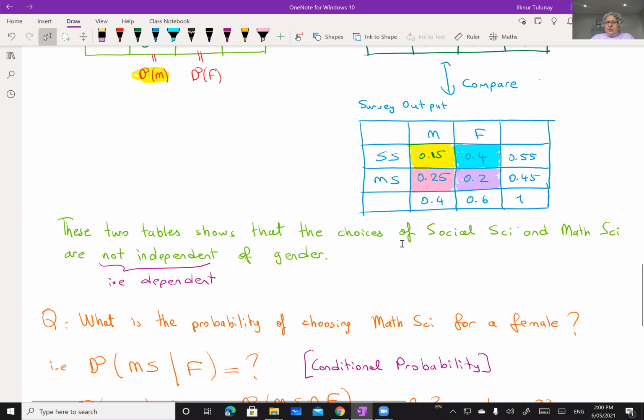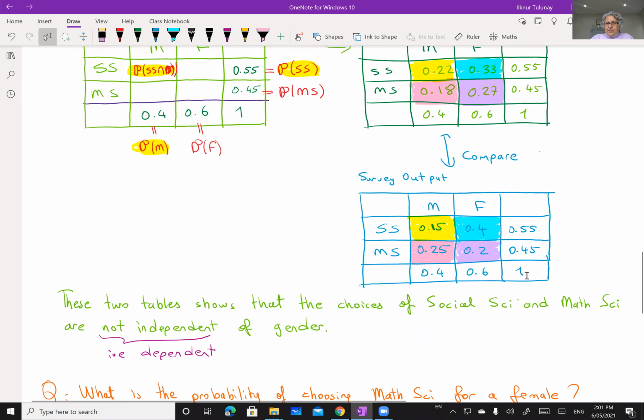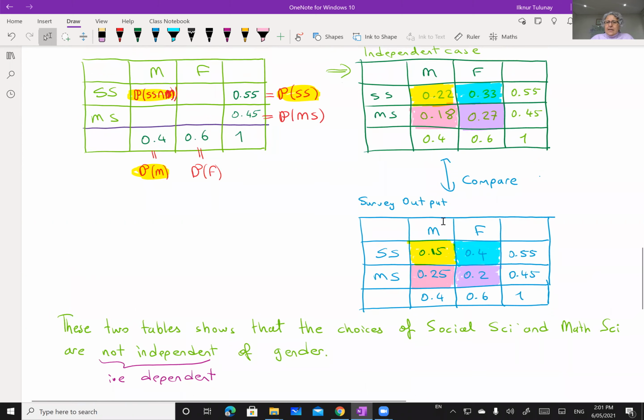What I want to say at that moment is that these numbers, 22% to 15%, are really different and far away from each other. And we see that social science and math science are not independent of gender, they are dependent.